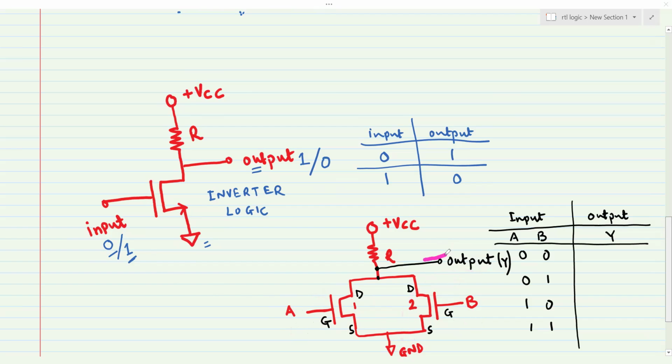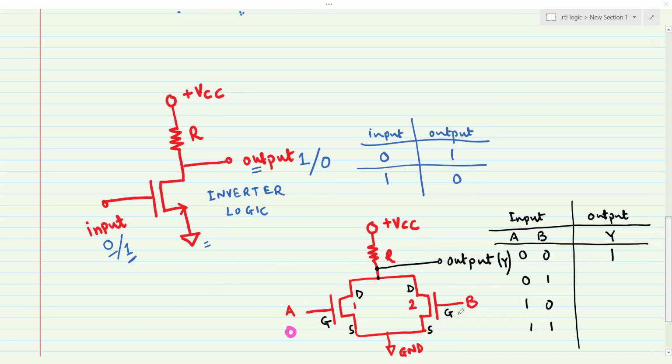Instead, output is pulled up to the highest supply voltage because there is no current flowing through the resistor R. Output is pulled up to the highest supply voltage, which is logic 1. So for this combination, when inputs are 0, the output is logic 1. How about the next combination?